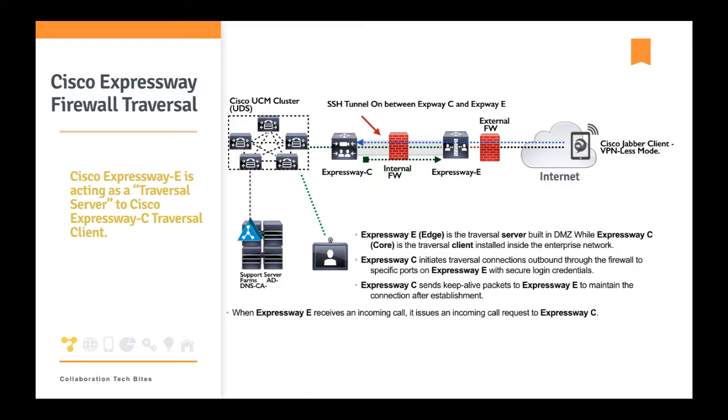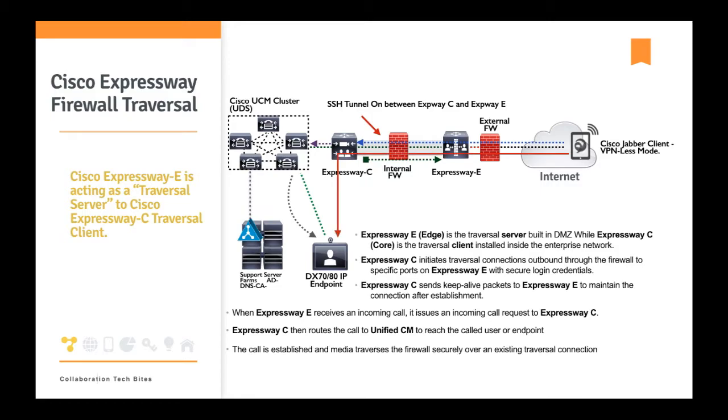It is already registered through this connection via the call manager, and when Expressway E receives an incoming call, it issues an incoming call request to Expressway C, and Expressway C then routes this incoming call request to the Cisco Unified Communication Manager.